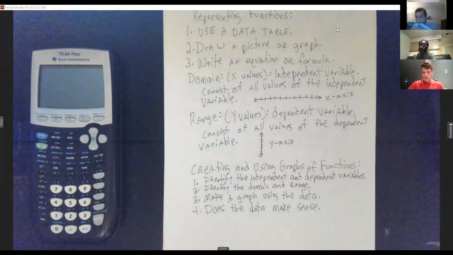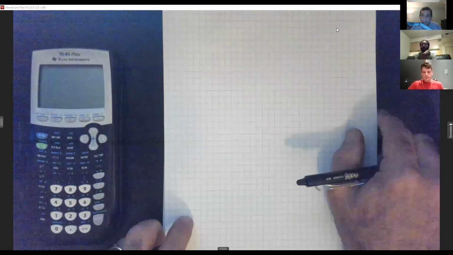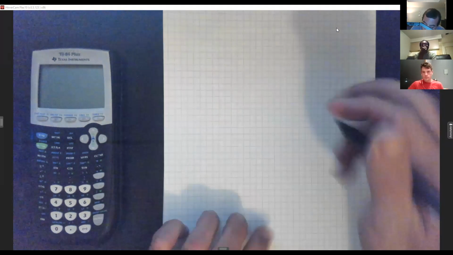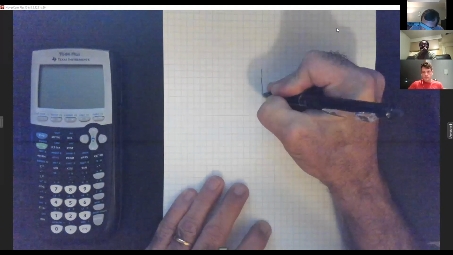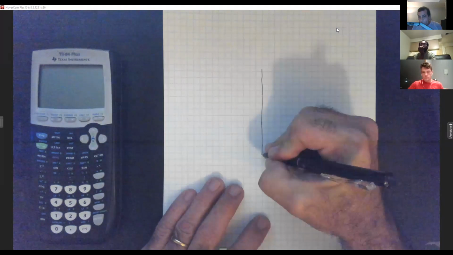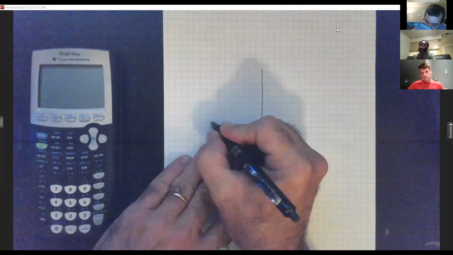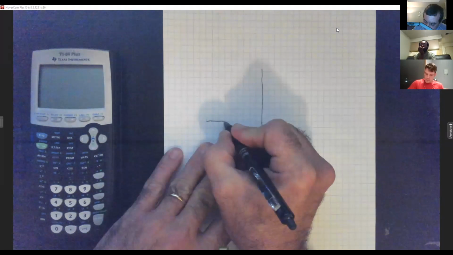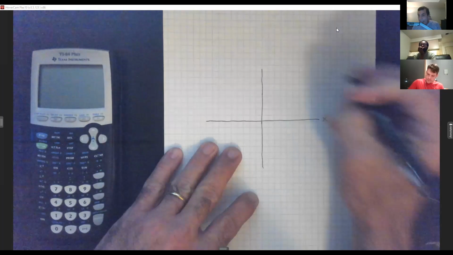So y'all, before I go through some of the examples on the homework in here, I wanted to refresh y'all on graphing. So I'm going to make me a little X and Y graph here for you. We'll call that our X-axis and our Y-axis.